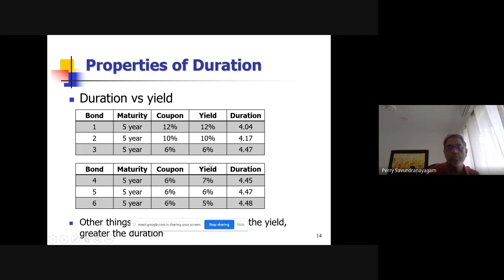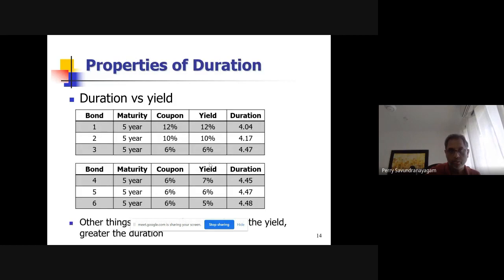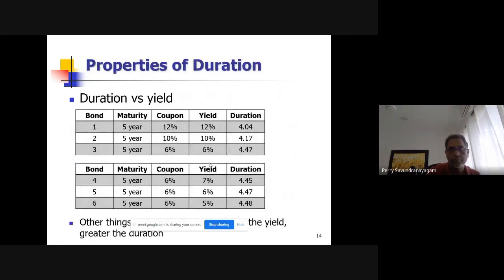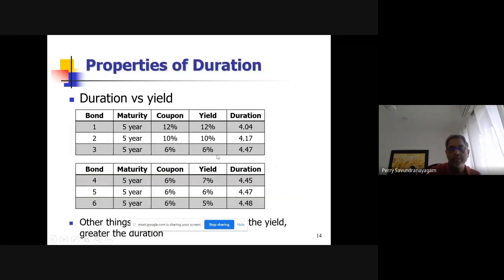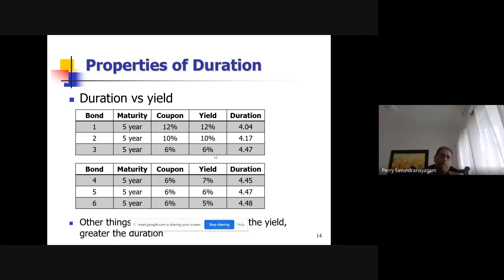So now, if you look at the 12% coupon bond, why is the duration on this lower than the one that has the 6%? The higher coupon rate. So why does the higher coupon rate affect the duration of the bond?